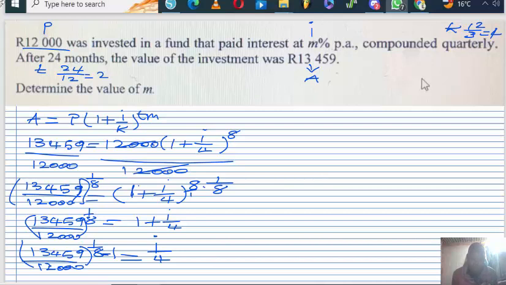So I'm trying to rush through this because of the time constraints. Now once you're at this point, you simply cross multiply, right? Once you've resolved this, you can simply cross multiply 4 times this side. So I'm going to rewrite the entire side for you. Already on 6 minutes, and that's not good. 13,459 over 12,000.